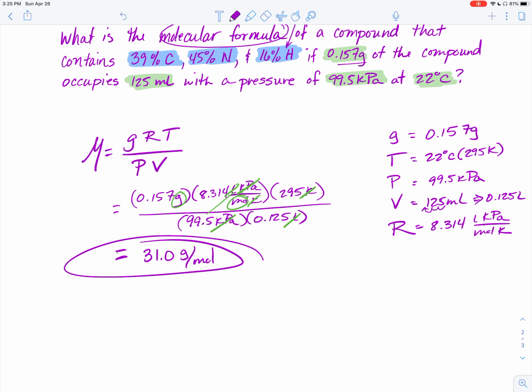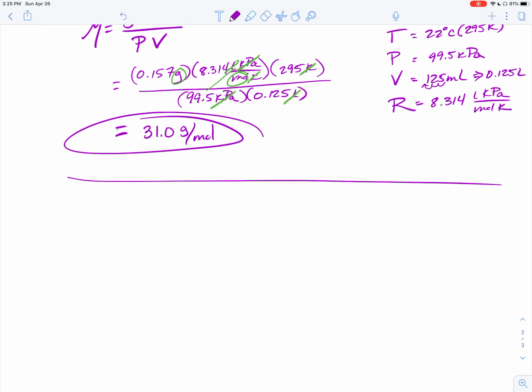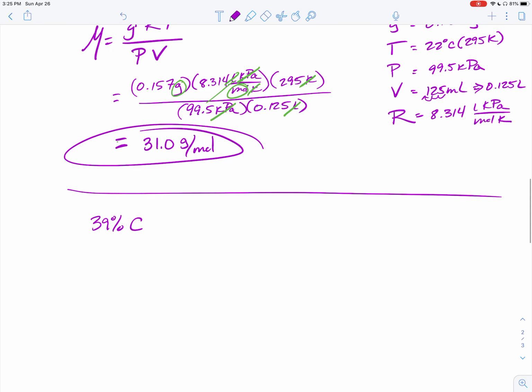We have 39% carbon, 45% nitrogen, and 16% hydrogen.